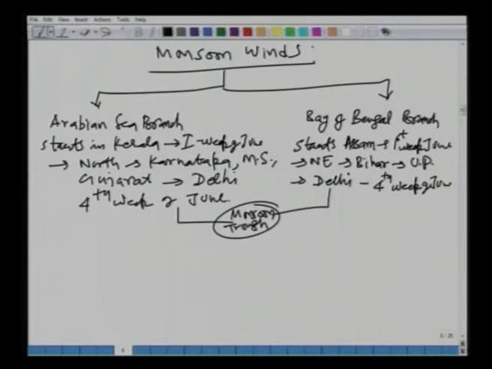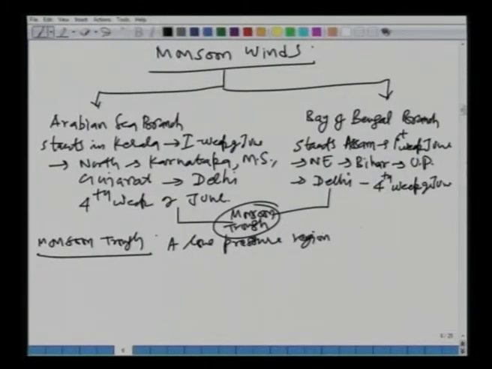Okay. So, let us look at this slightly more technically. What is a monsoon trough? It is a low pressure region formed between the two branches when they meet, which is called the monsoon trough.